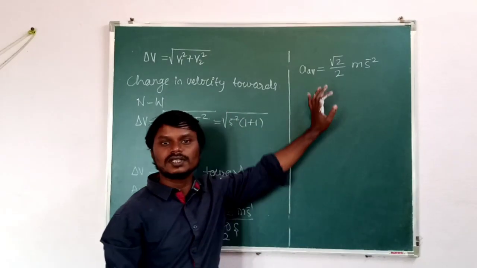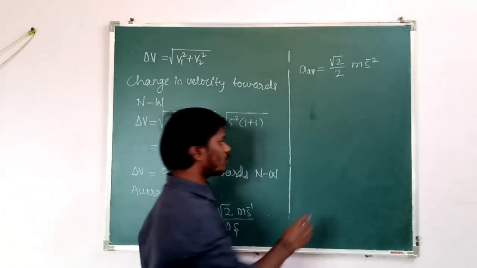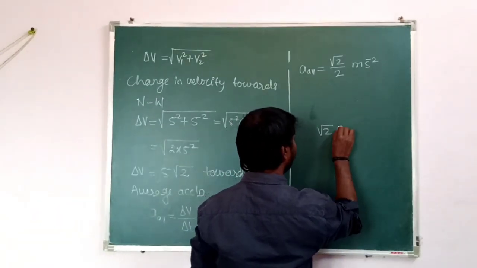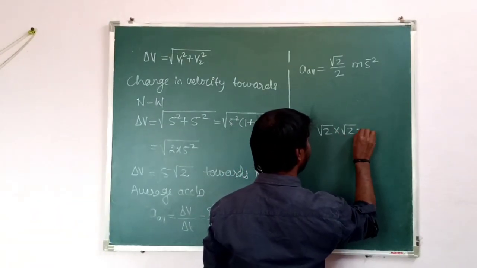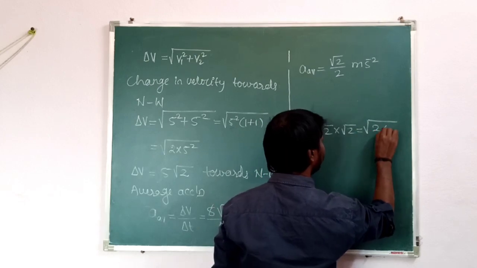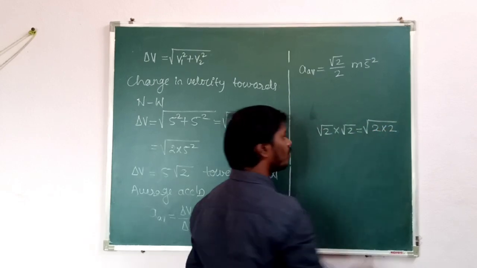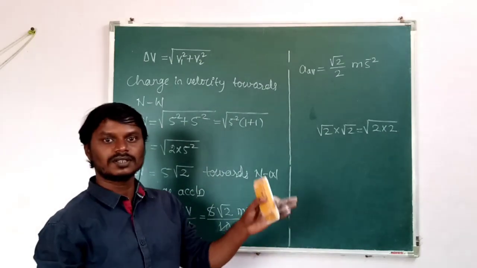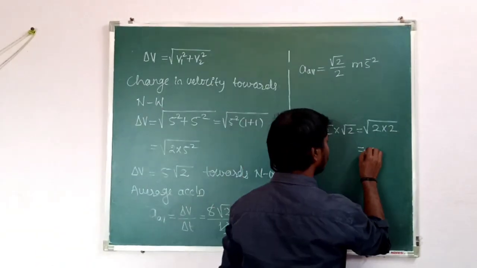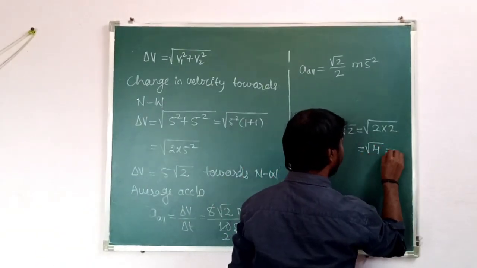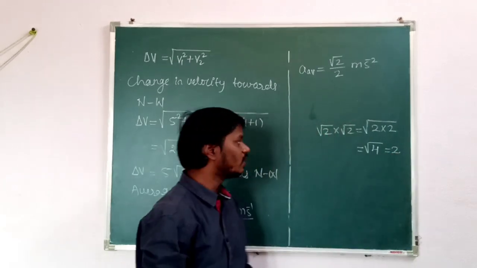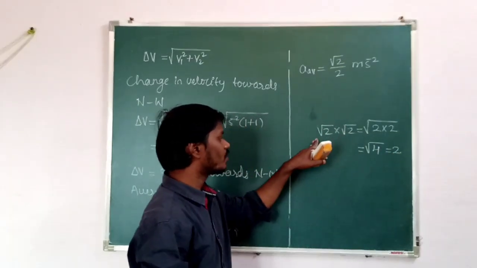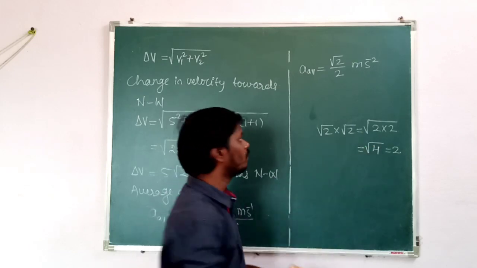Root 2 into root 2 is again 2. That can be written as square root of 2 into 2. 2 into 2 is 4, square root of 4 is 2. Okay, then I will write 2 as square root of 2 into square root of 2.